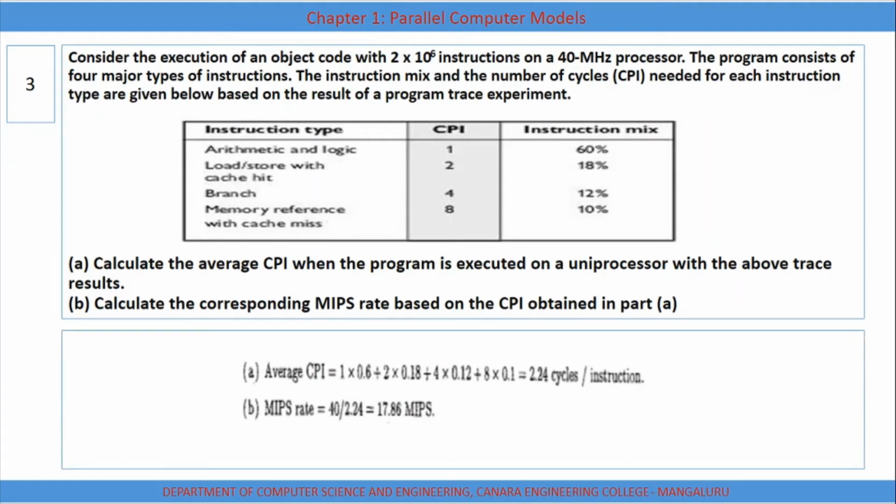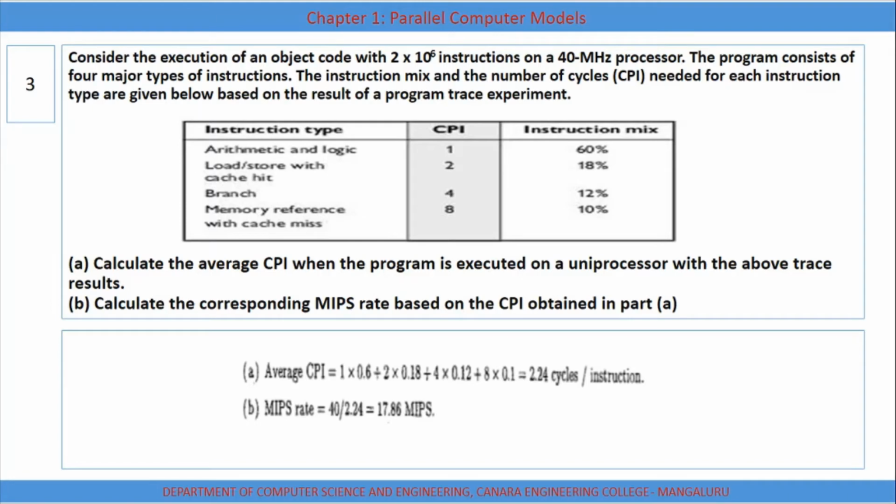The solution: the average CPI is given by 1 into 0.6, because such instructions are 60% of the mix, of the arithmetic and logic instruction type. So CPI into instruction mix, it is 1 into 0.6.